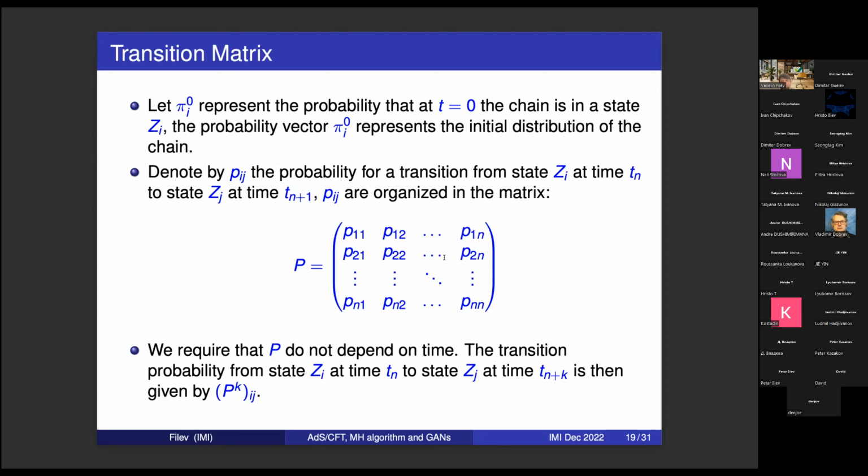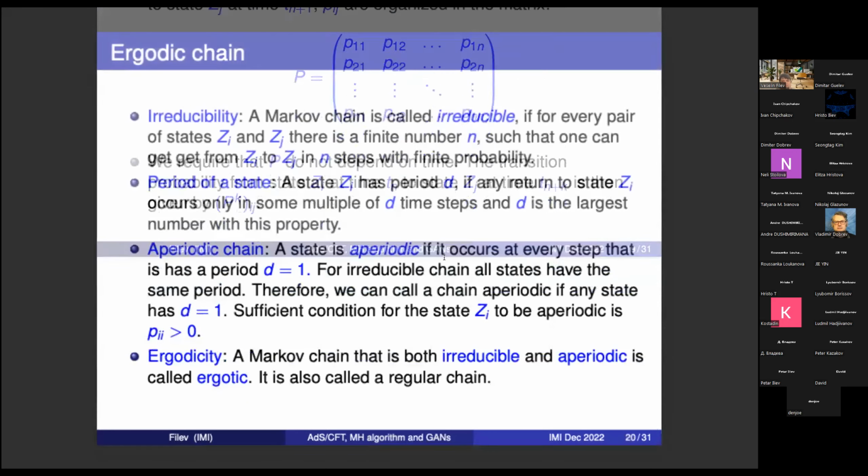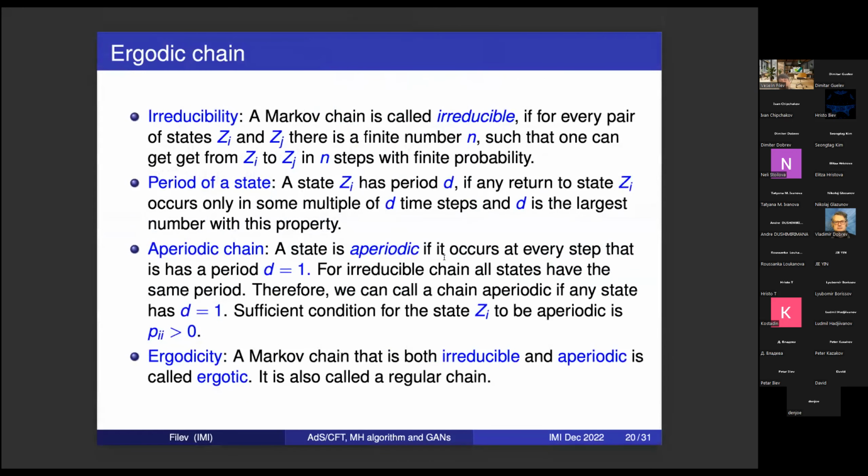Now, there are various Markov chains, as you can imagine, and here we're going to be interested in the so-called ergodic chains. They're also called regular chains, but I like the word ergodic, it sounds fancier. So the first property that we want is the so-called irreducibility.